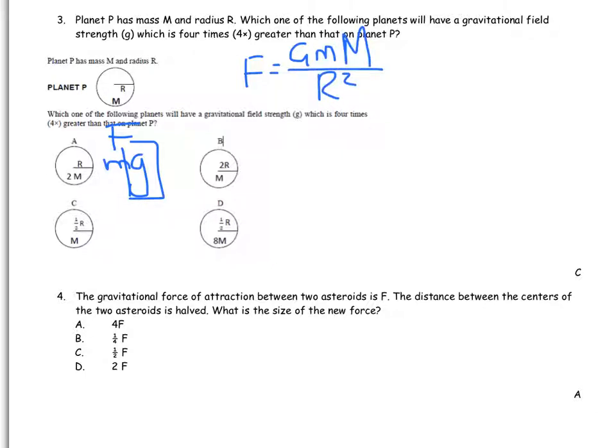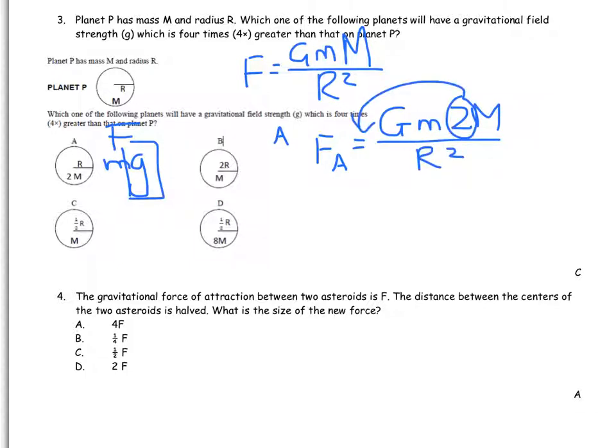Let's try over here. I'm going to do A first, and that is going to be the new force of A is equal to G m 2M over r squared. I'm going to bring that 2 to the front, and that means that it's 2 times the original force. I want it to be 4 times the original force.